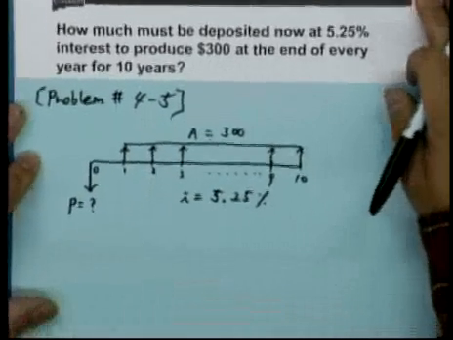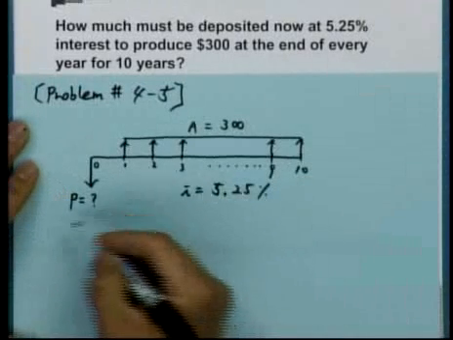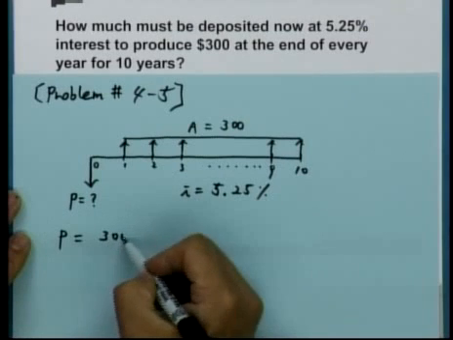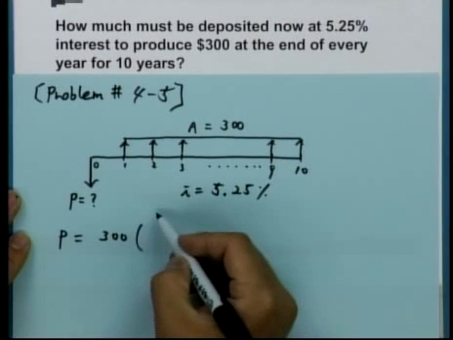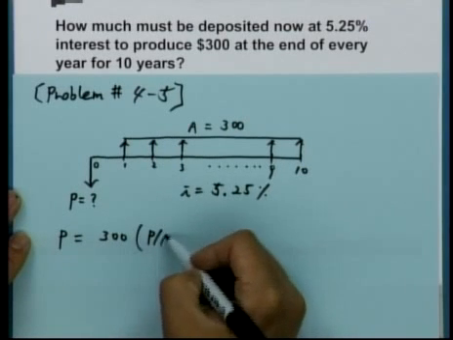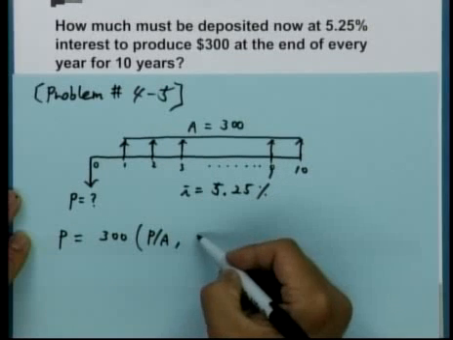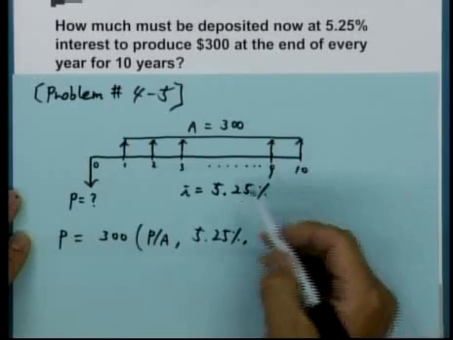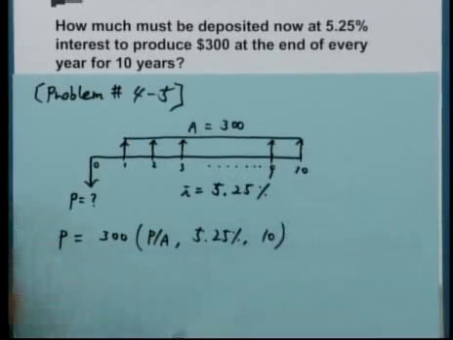So how do you get this present sum P? It's going to be 300 times P given A and 5.25% over 10 years.